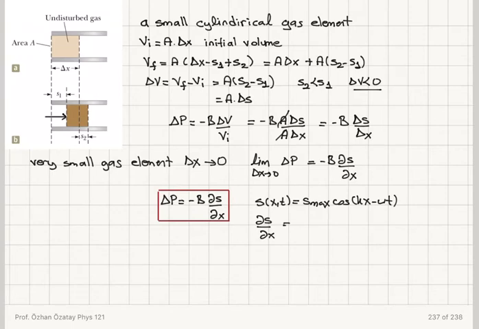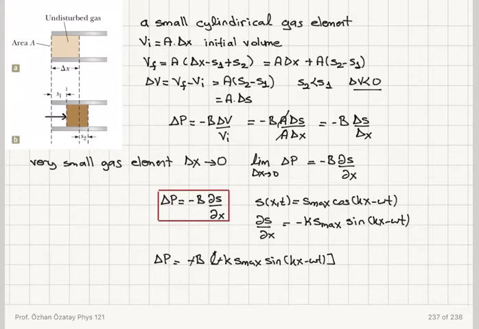I'm going to get minus k S max sine kx minus omega t. So I can see that delta P is going to be equal to minus bulk modulus times minus k S max sine kx minus omega t, and these minus signs will cancel so that this will become B k S max sine kx minus omega t.